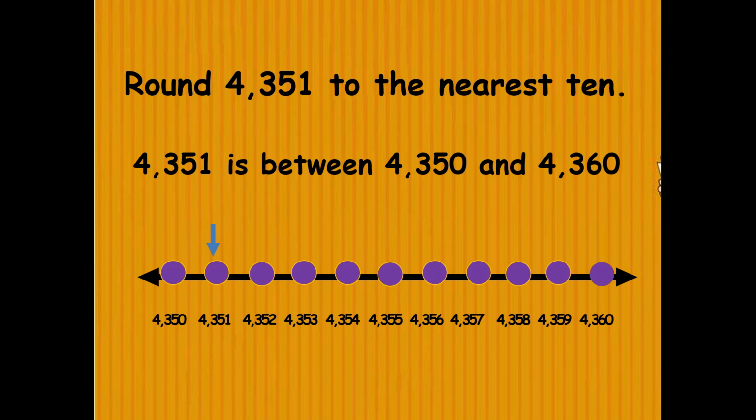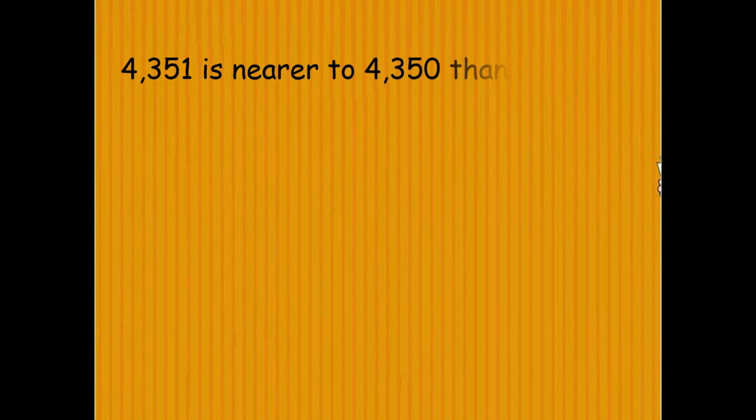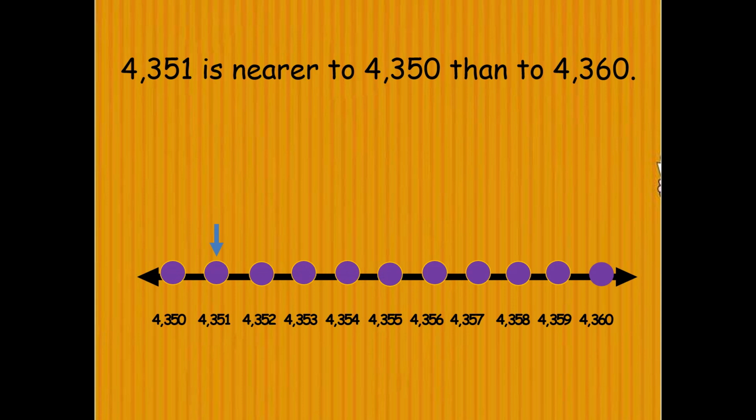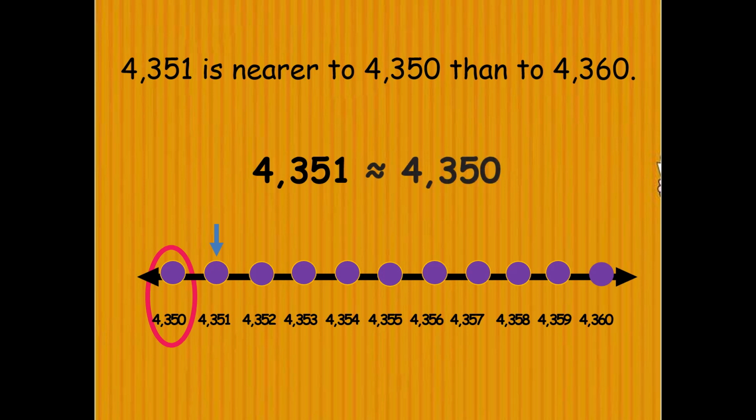Using the number line below, when we find the number 4,351, you can see the arrow is in round down. So what will be the answer? 4,351 is nearer to 4,350 than to 4,360. So the answer is 4,351 is approximately equal to 4,350.